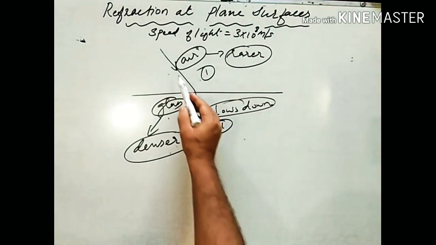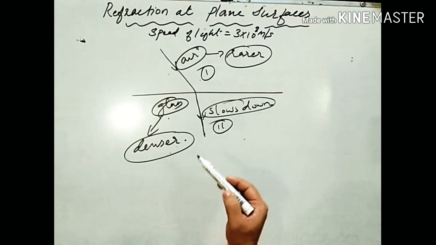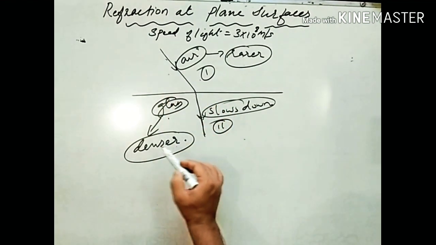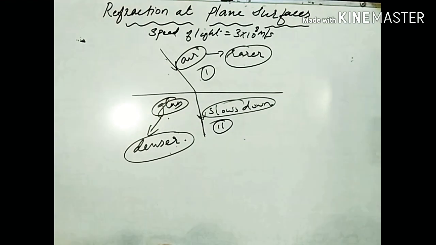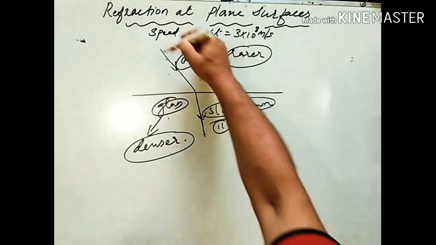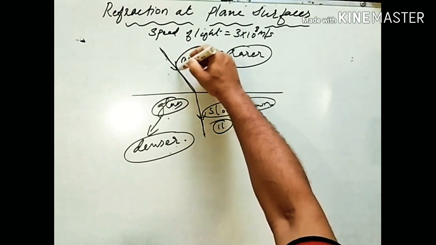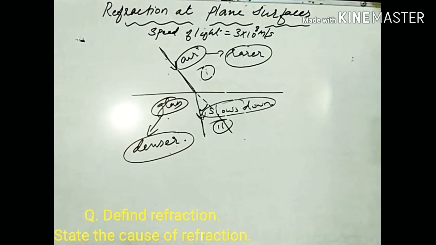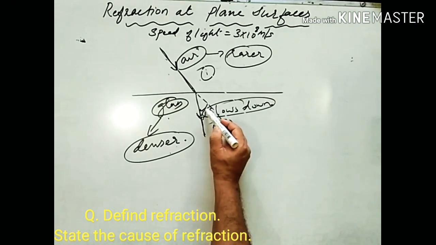So the change in direction of path of light when it passes from one transparent medium to another medium, we call it refraction. So refraction is simply the deviation of light rays from its original path. See, you can see here, this is the original path. The light ray has deviated. It has bent.